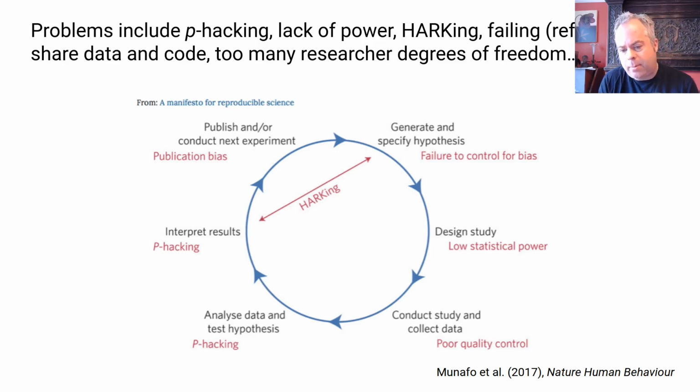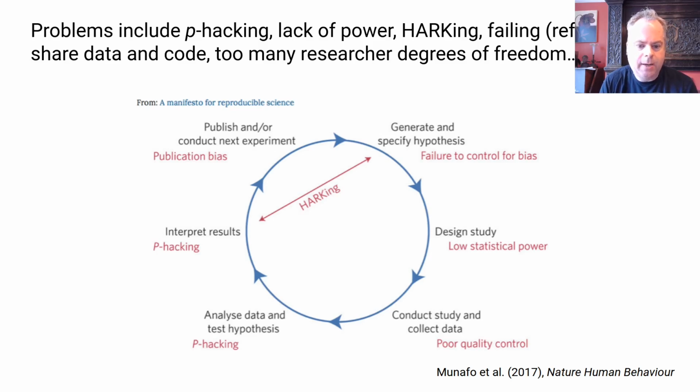This great paper by Marcus Munafò and colleagues really highlights all those different points in the research process where problems emerge in terms of how people conduct their research, i.e. questionable research practices, that when you consider them all together result in a literature that's full of papers that can't be replicated. Low statistical power is an issue, not having enough observations in your data set to build the kind of statistical models that you want to.